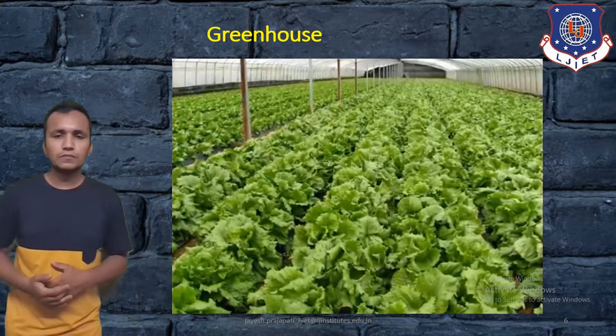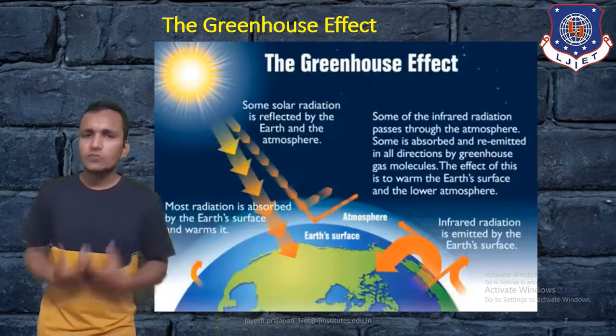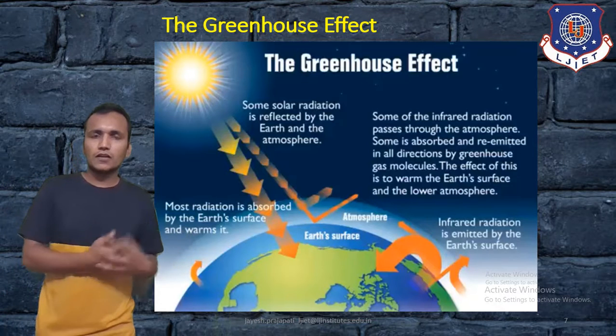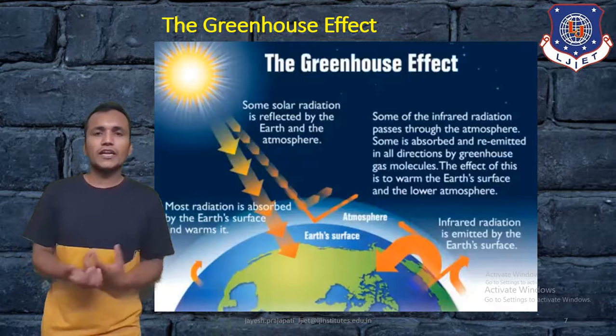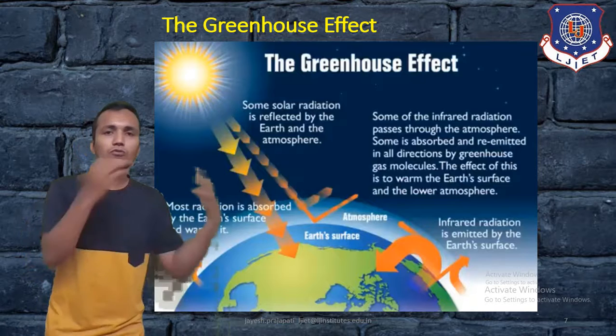Now in the next part, we have to discuss the greenhouse effect. We have discussed the greenhouse, and now the greenhouse effect. Why is it called the greenhouse effect? Because it looks like a greenhouse chamber.